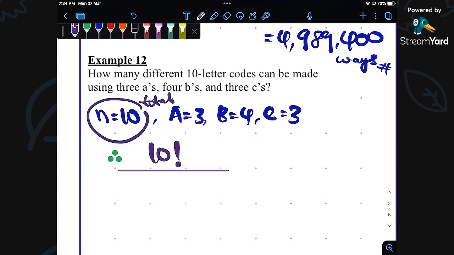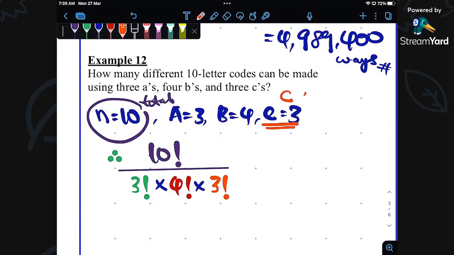The total must be at the numerator part, and then we must divide by the three sets of similar letters: A, which I use the green color, times B, which I use red color, and then times C, which is the orange color. So basically these are the identical ones: C is the identical alphabet, B is the identical alphabet, A is the identical alphabet.